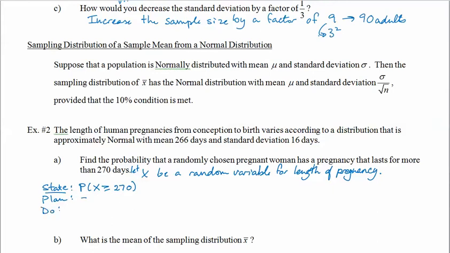For do, we need to draw our sketch. We've got a normal distribution. The mean is 266, and we're looking at the probability that it's greater than 270, so the shaded area. We can use normal CDF, normal cumulative distribution function.